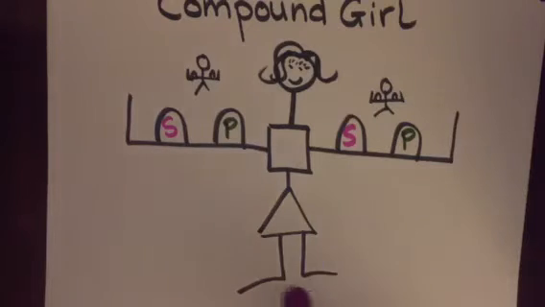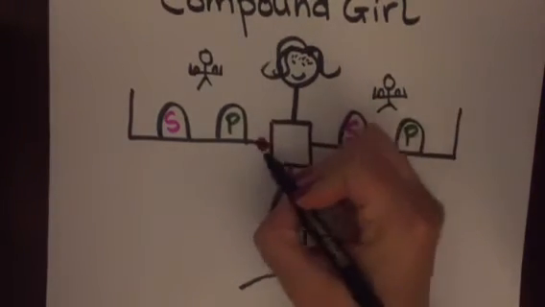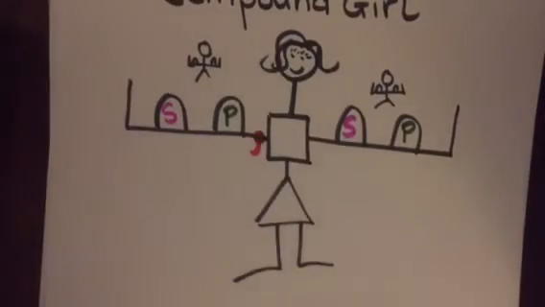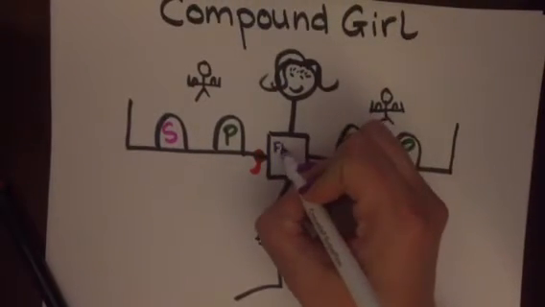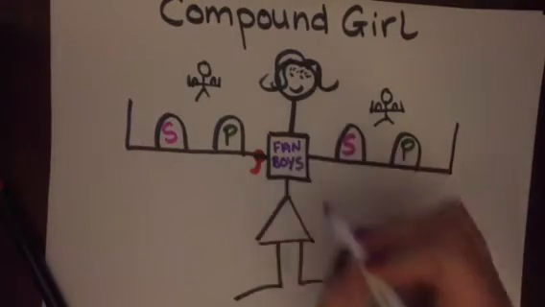Now, in the middle, she has something very important. There is always a comma before what goes here. And what goes there is a conjunction, but we call them fanboys.